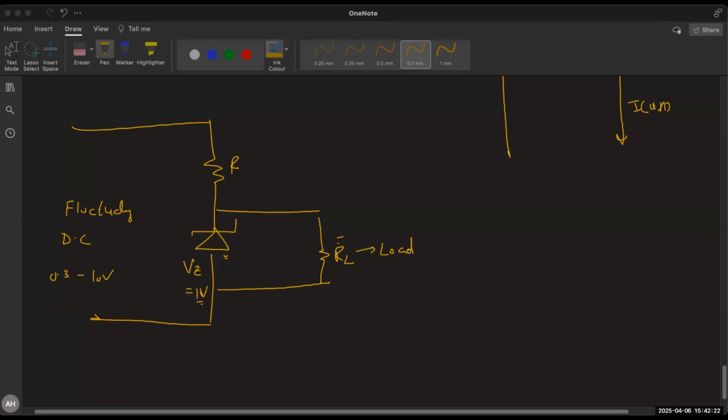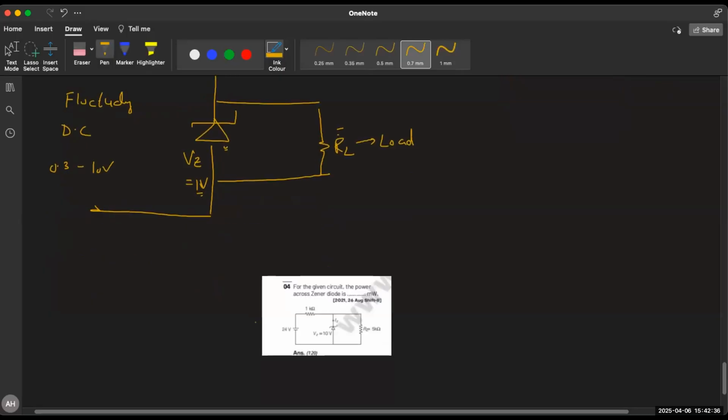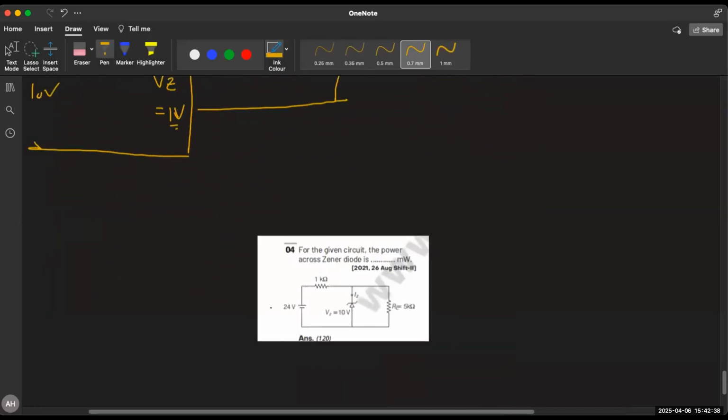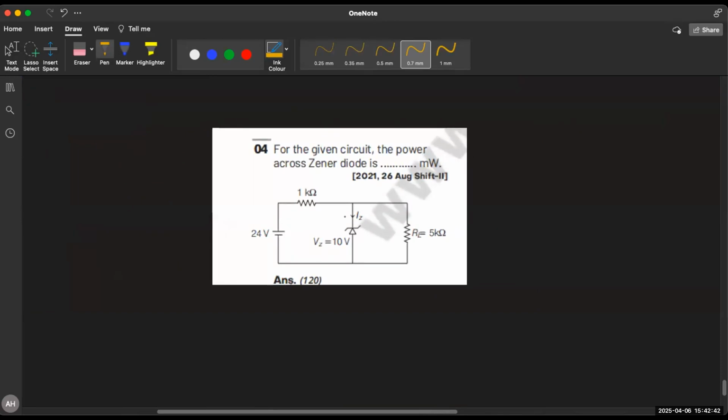So there are a few questions based on the Zener diode. We can take one. The questions on Zener diode are basically questions of circuit theory, like this circuit. The fact that you will be using here is that this is a Zener diode. The question says you have to calculate the current and the power across the Zener diode.